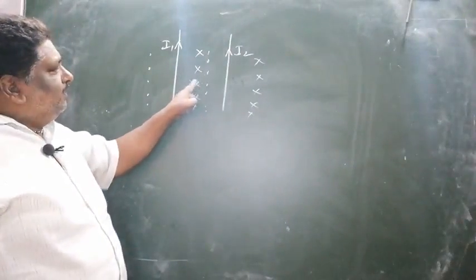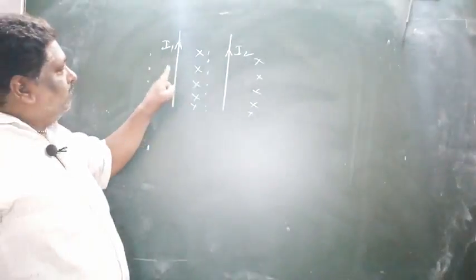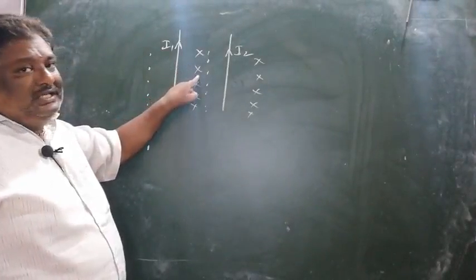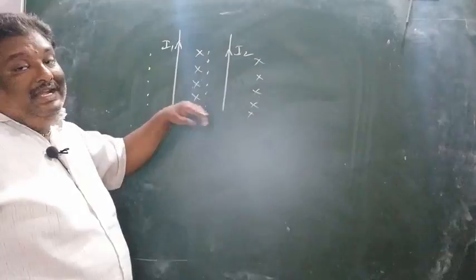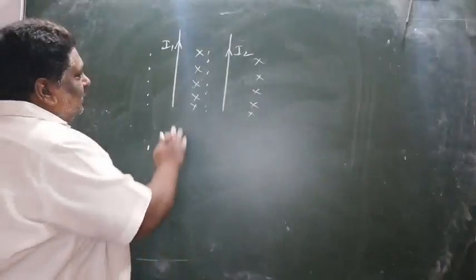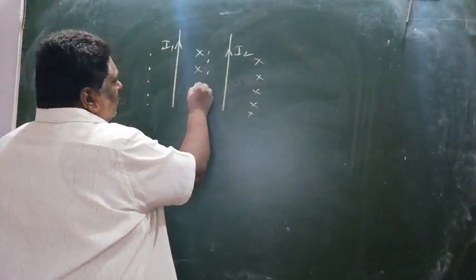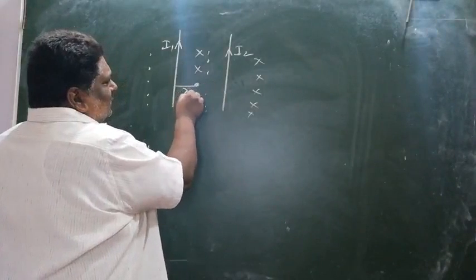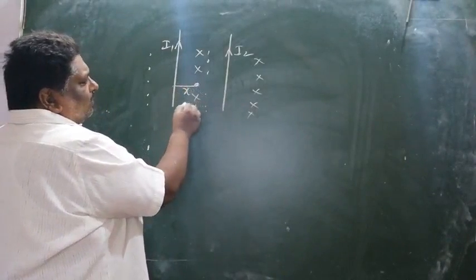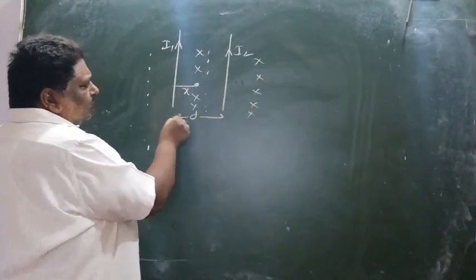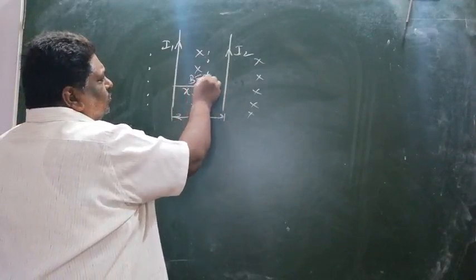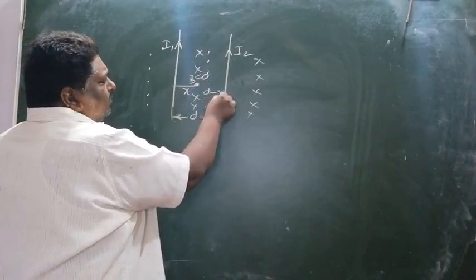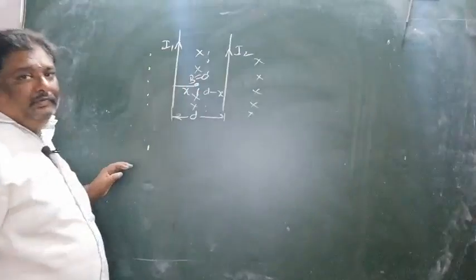Therefore, in between them, the first conductor produces crosses and the second conductor produces dots. These two cancel one another at a particular point at x distance from the first conductor. Total distance is D, so at x distance from the first conductor, B is equal to 0. From here to here is D minus x.